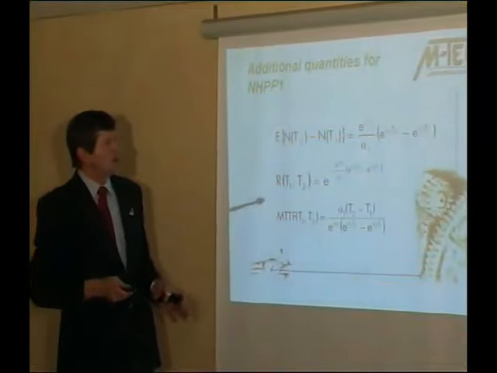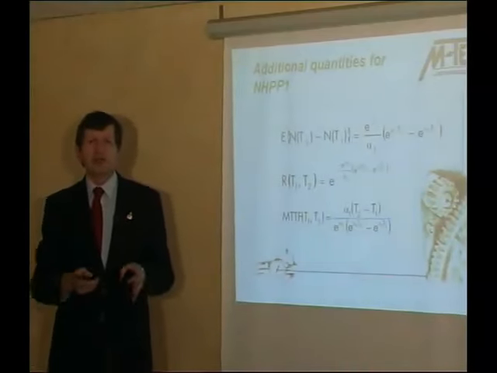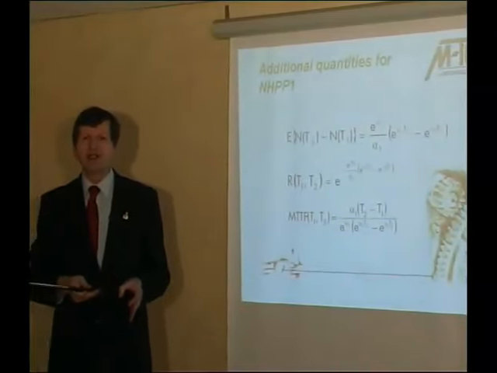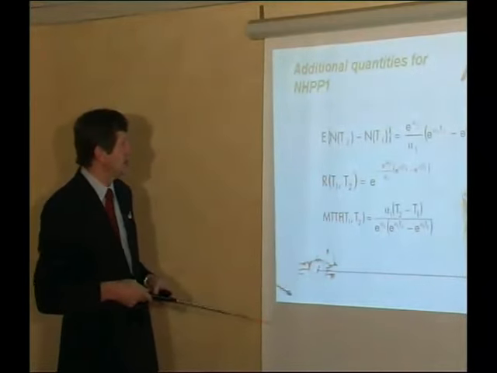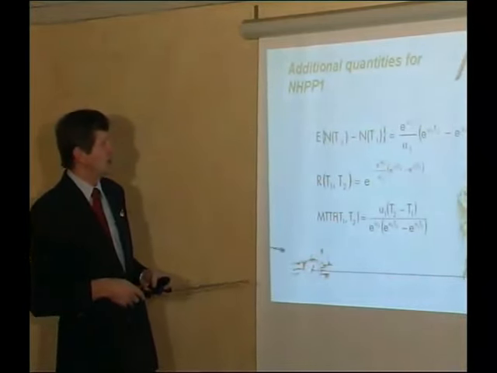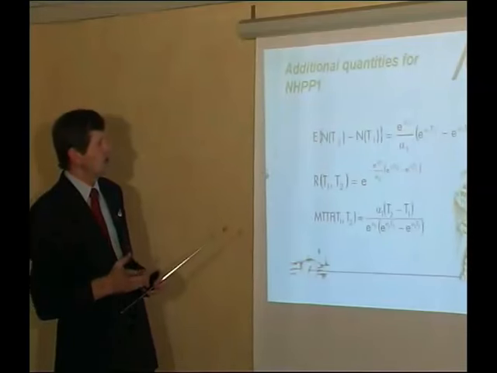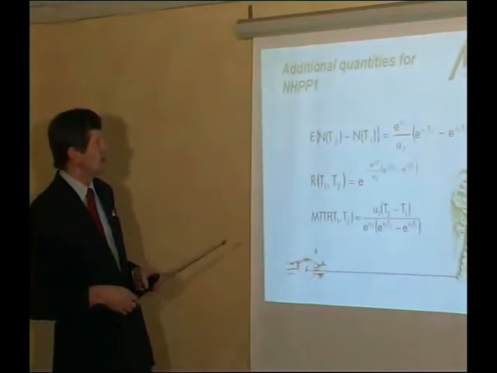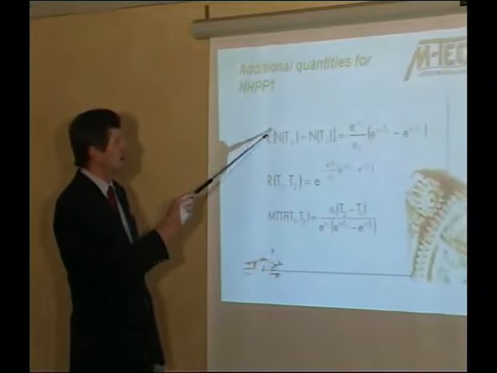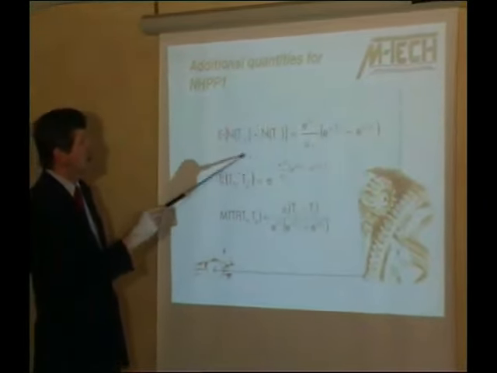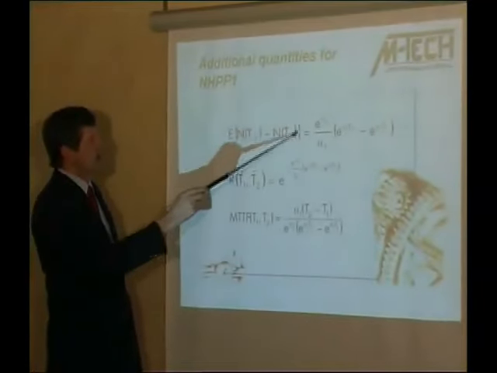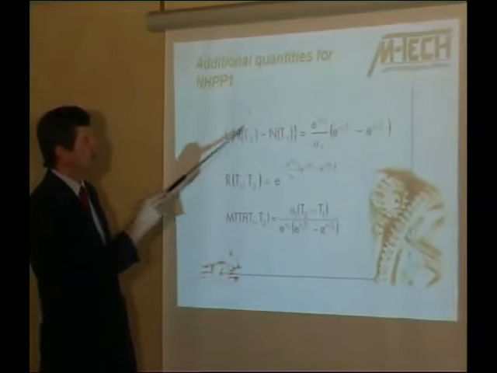We now get to additional functions that we can derive from the basic forms of rho1(t) and rho2(t). In each case, for each of these two forms of the NHPP function, we can calculate the expected number of failures in a certain interval using one equation.